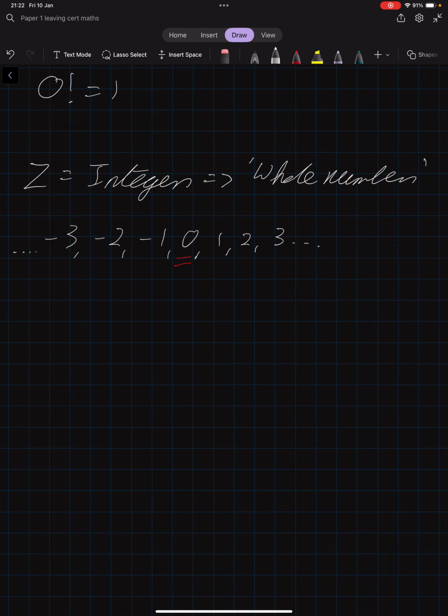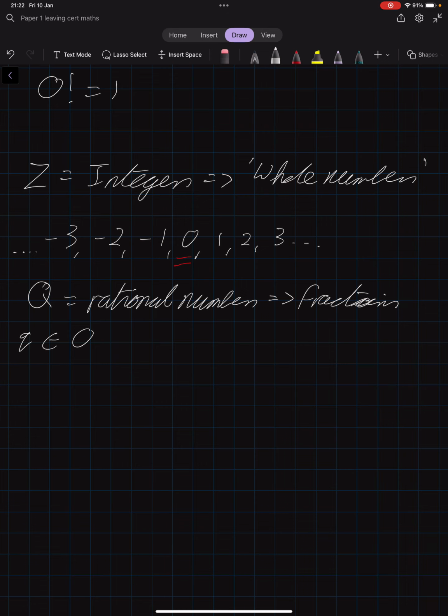So rational then, which is q. These are just fractions. To give you the proper jargon, what this notation means is that q is a number in the set of the rational numbers.